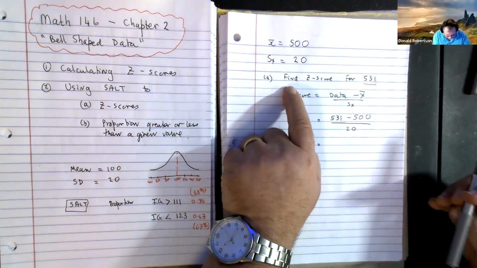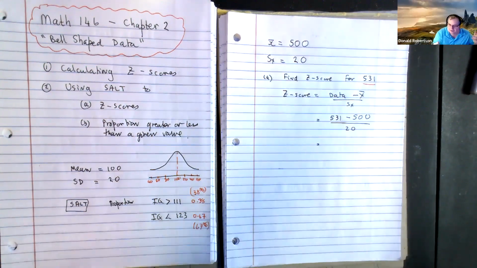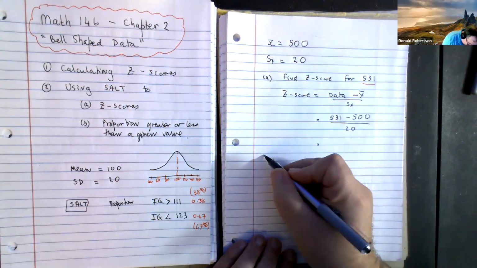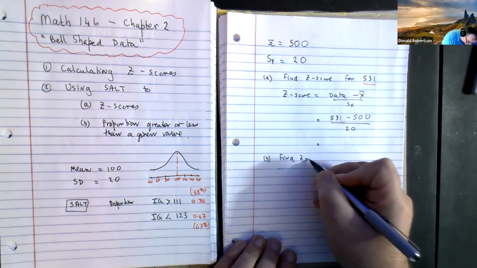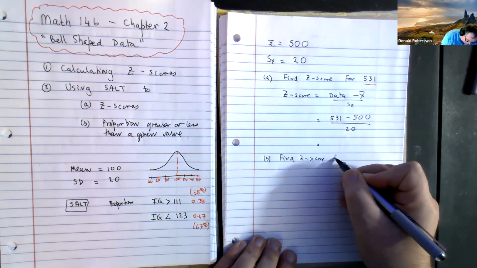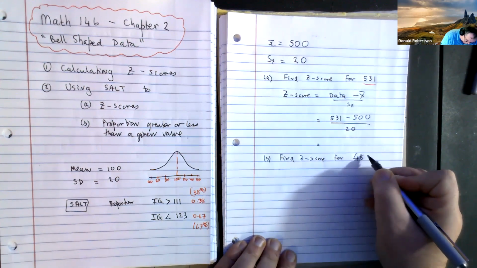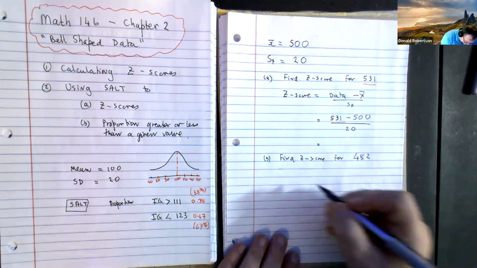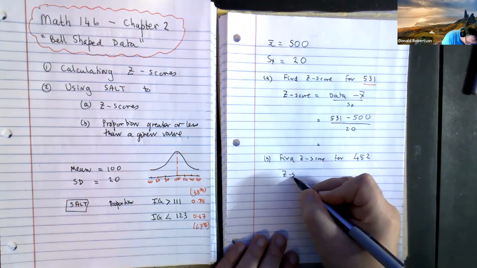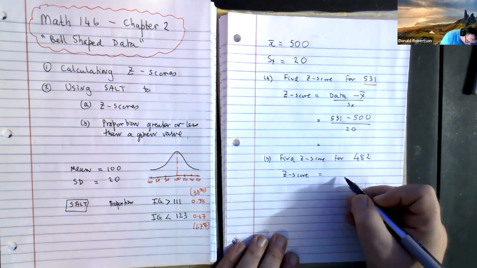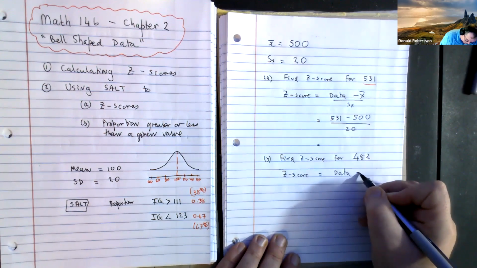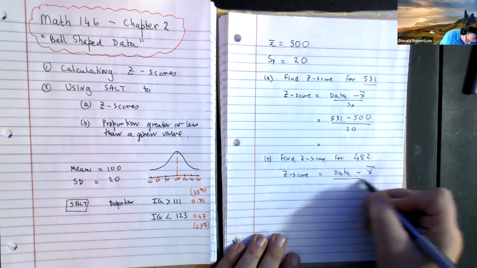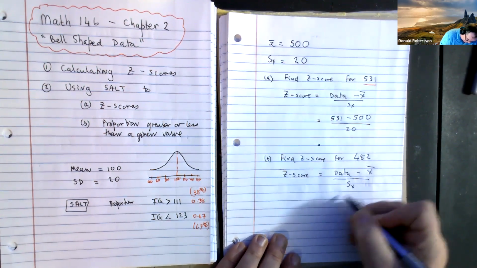So the first question would be, find a z-score for 531. No big deal. B, find a z-score for 482. Now I'm about to do this one correctly. It's going to be the data, take away the mean, divided by the standard deviation.